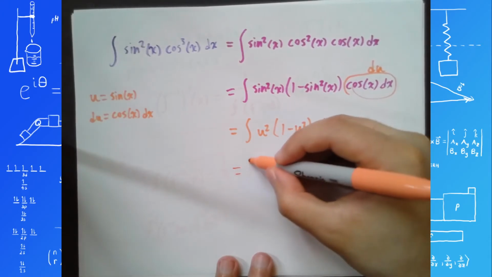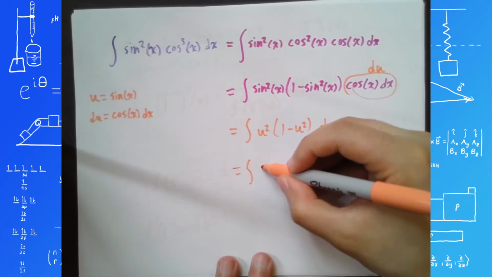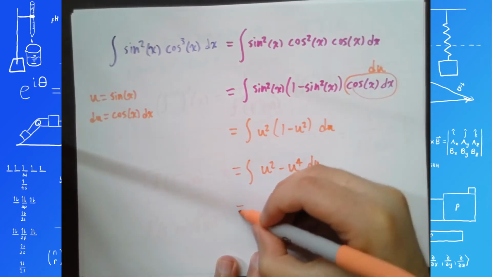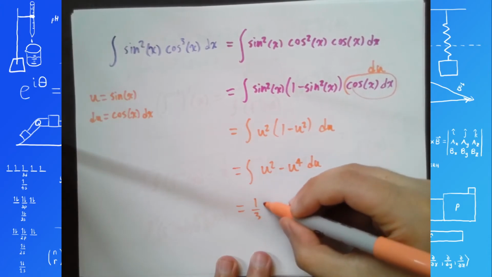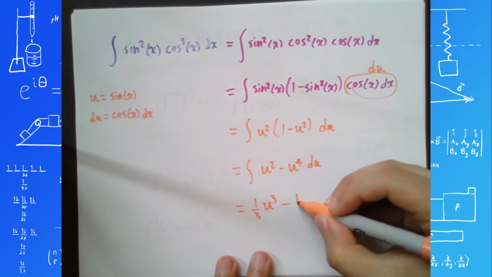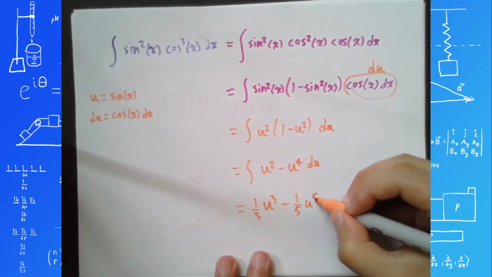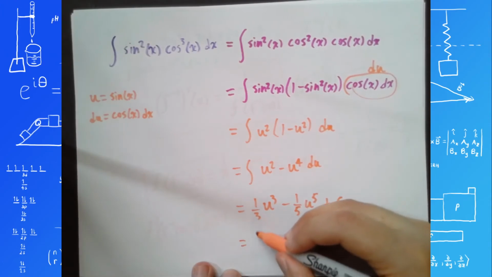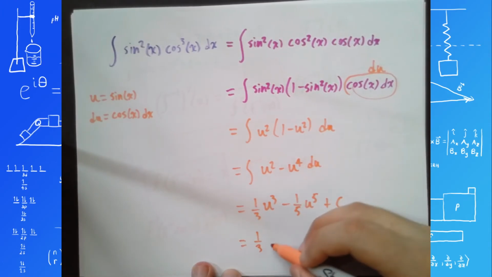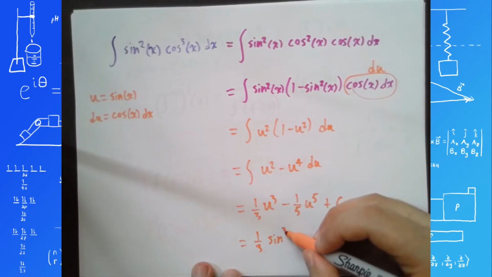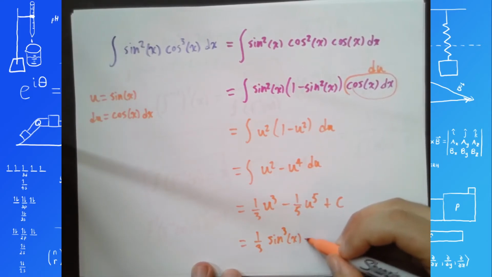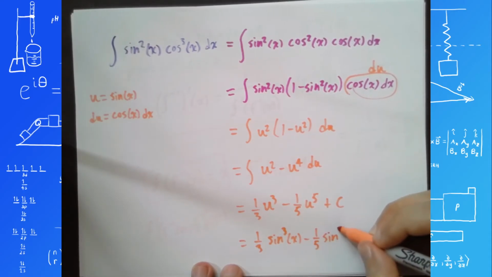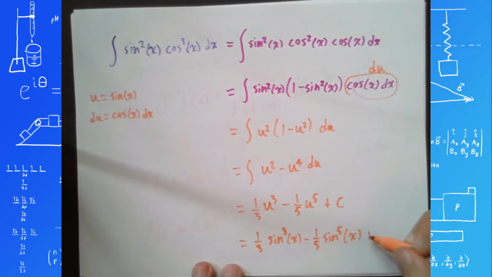Distribute the u squared, and we've got the integral of u squared minus u to the 4th du, which integrates to 1/3 u cubed minus 1/5 u to the 5th plus c. Resubstituting for u, that's 1/3 sine cubed of x minus 1/5 sine to the 5th of x plus c.